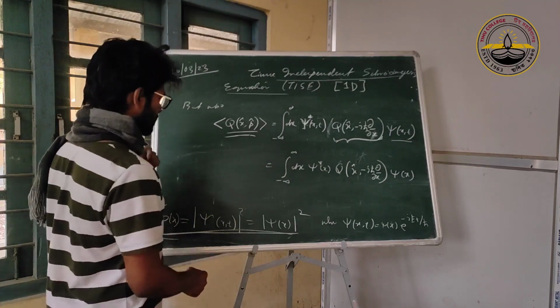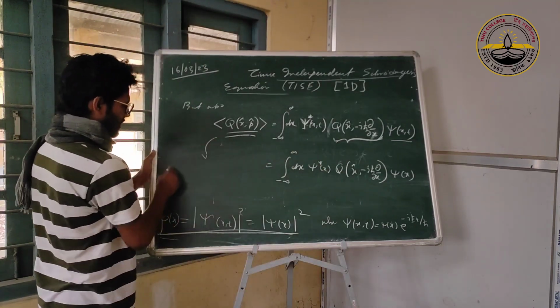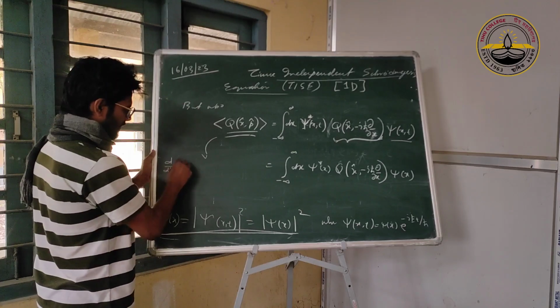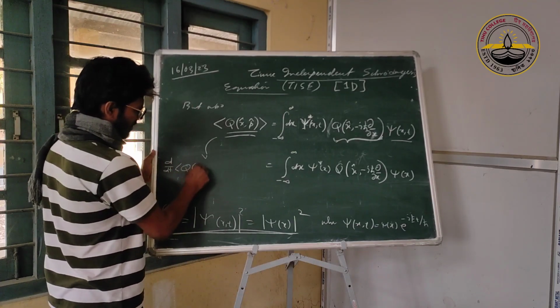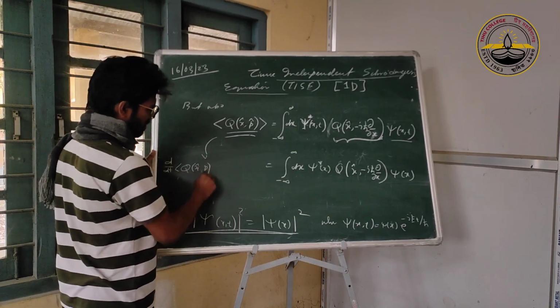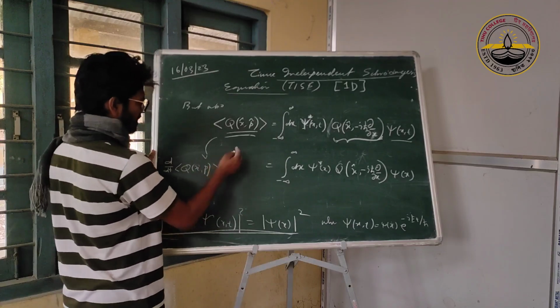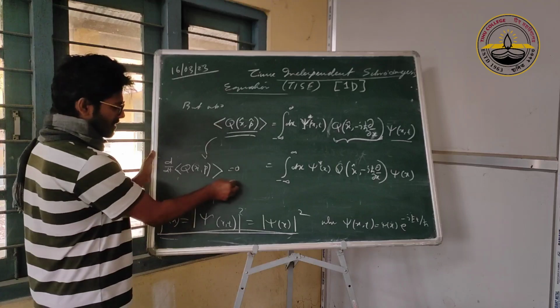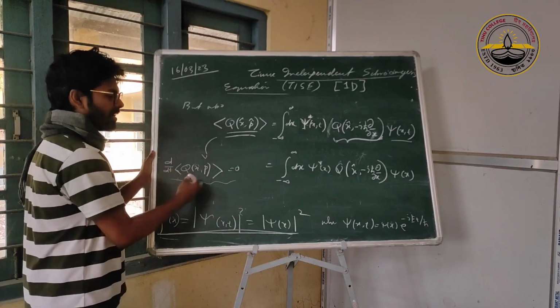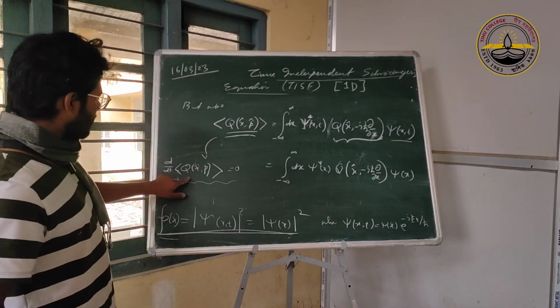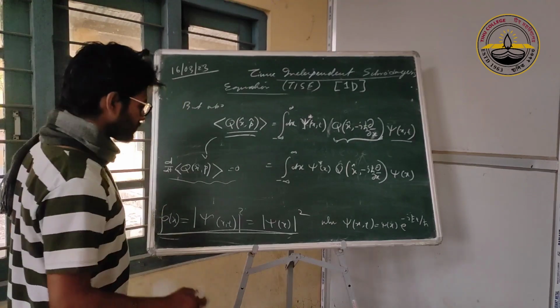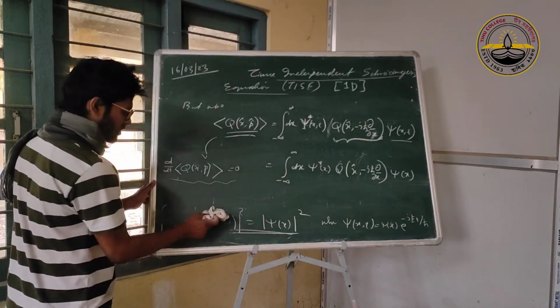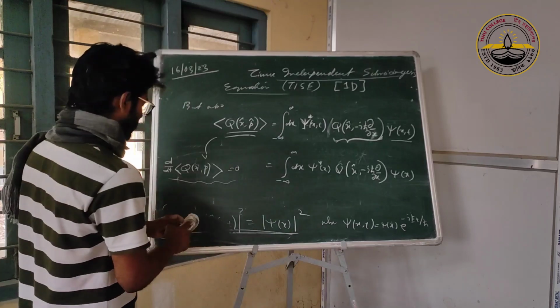And that's why, what that means is d/dt of the expectation value of x, p, simply let's say, will also be 0. So the expectation value of any dynamical variable does not change with time. And that's why they are called stationary states.